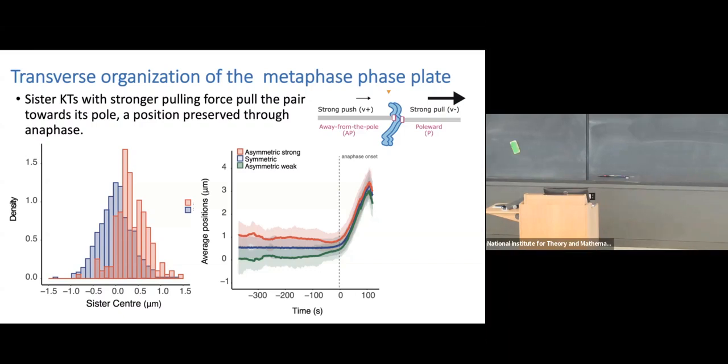So you can think, in an asymmetric pair, we've got a strong kinetochore with strong pulling force, and a weak kinetochore with weak pulling force. So these will be ordered laterally along the metaphase plate. Like in this model, because the motion is a balance of forces, how can you tell if it's the centering force which is changing versus the pulling force which is changing?